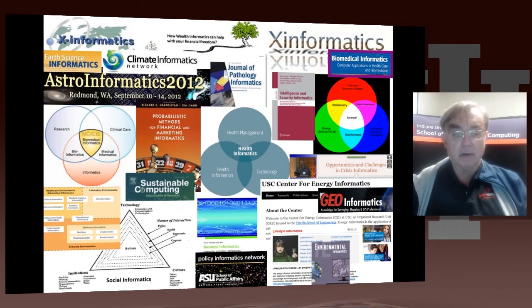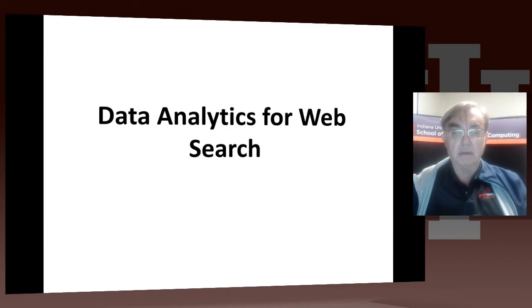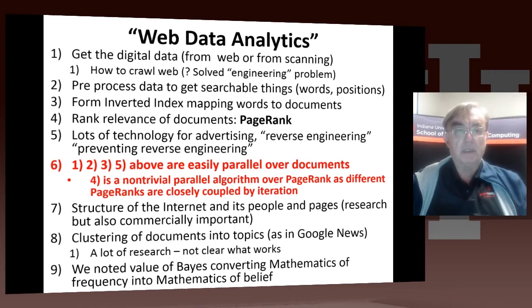And here are all the various X informatics this class does, and let's just have a review of the different aspects of data analytics needed in web search. So we have here 8 sort of components of web data analytics. One is getting the digital data. It's scanned in from books or it comes from the web. And as a part of that, you have to crawl the web.